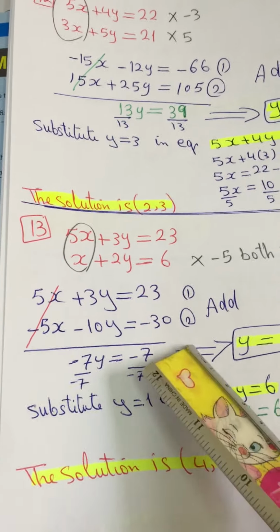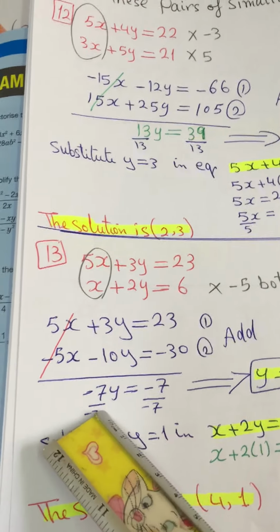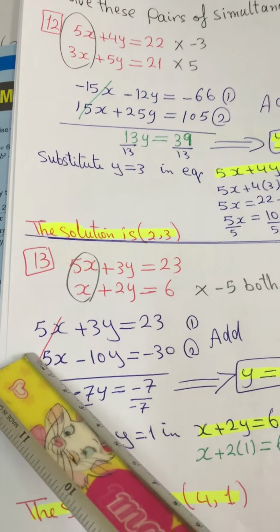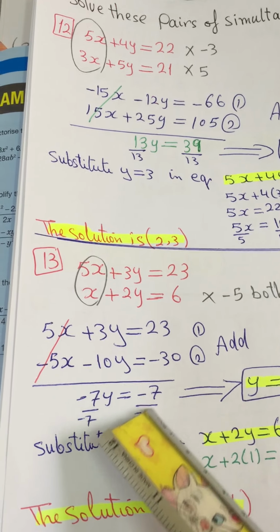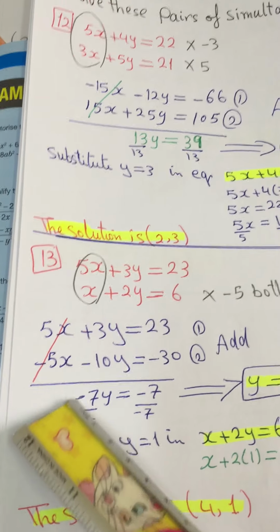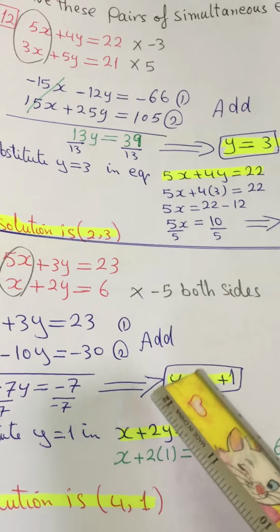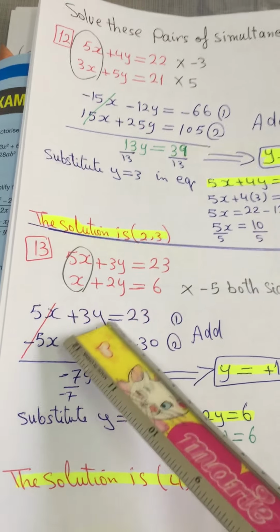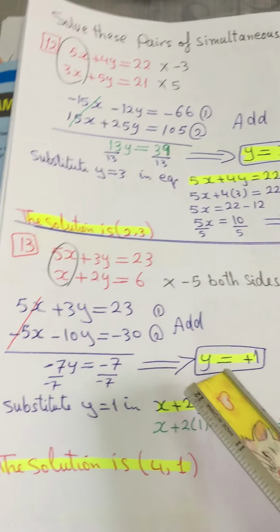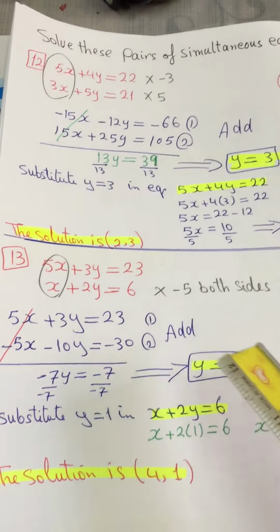Add the two equations. What's left? Negative 10y and positive 3y, negative 7y. And the x's cancel, equal 0. Equal, take the sign of the bigger, subtract, it will be negative 7. Divided by negative 7 both sides, so y equal positive 1. I didn't finish. Take any equation from the 4 you have, substitute y equal 1 in it to get the value of x.